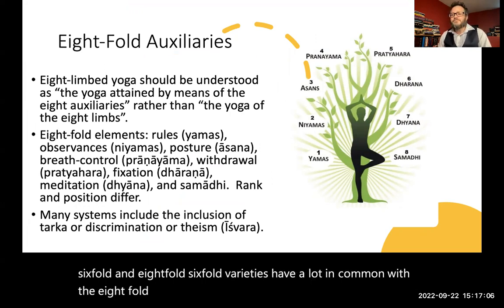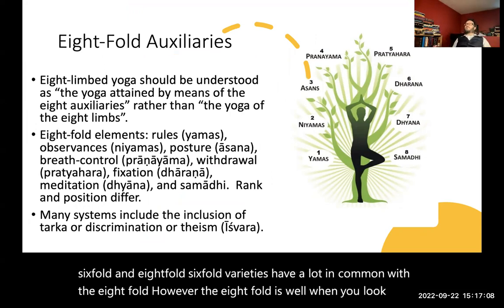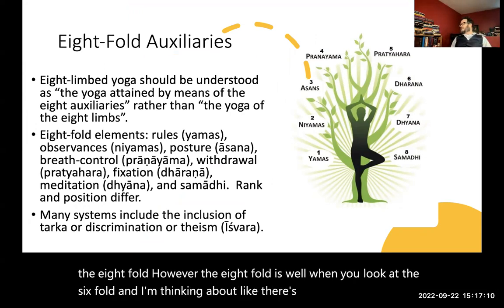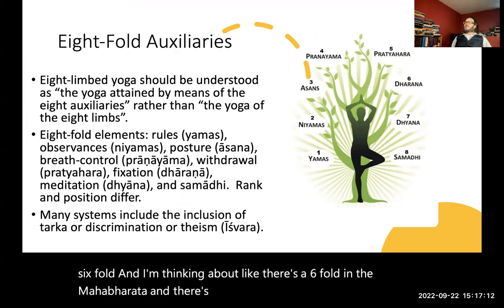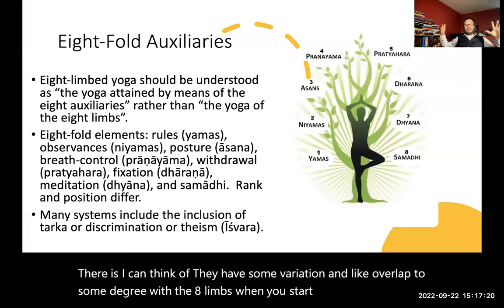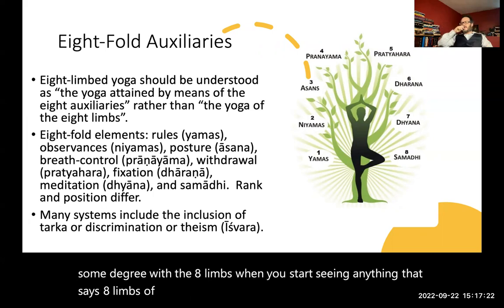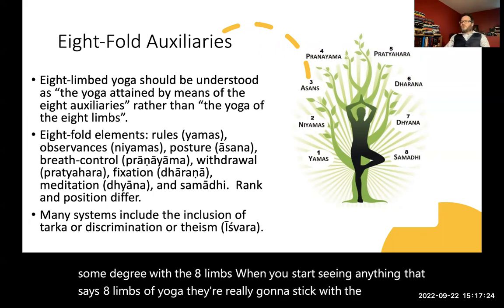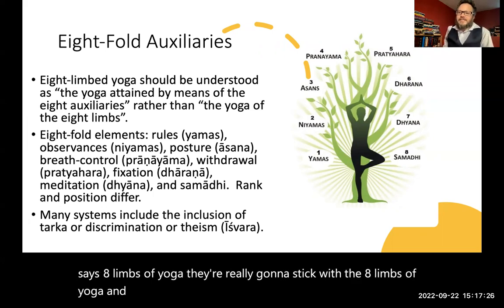There's a 6-fold in the Mahabharata, and a couple of other 6-fold yogas I can think of. They have some variation, and they overlap to some degree with the 8 limbs. Anything that says 8 limbs of yoga is really going to stick with the 8 limbs, and they're pretty similar. Anytime they say 8 limbs, it's going to be these.